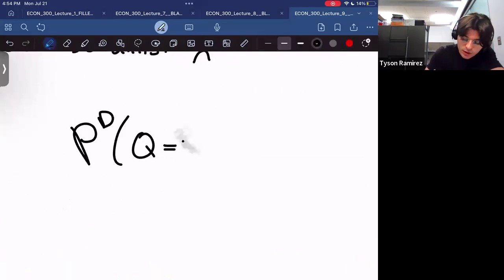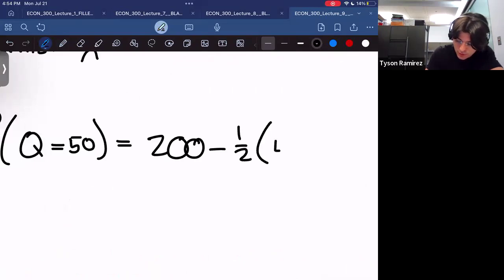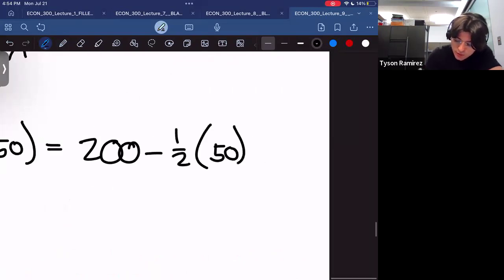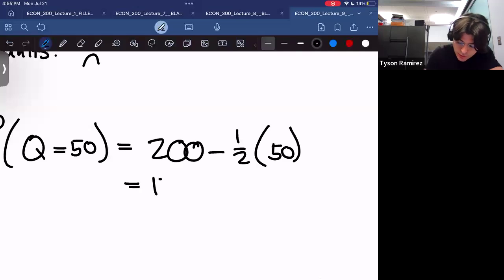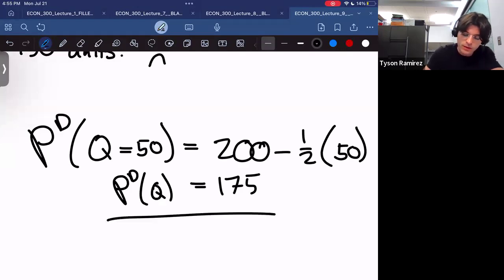So when quantity equals 50, this is equal to 200 minus 1/2 of 50, which equals 175. So the willingness to pay is 175.